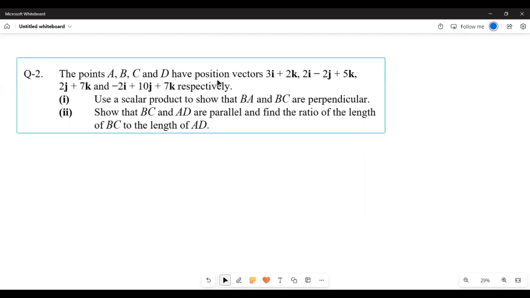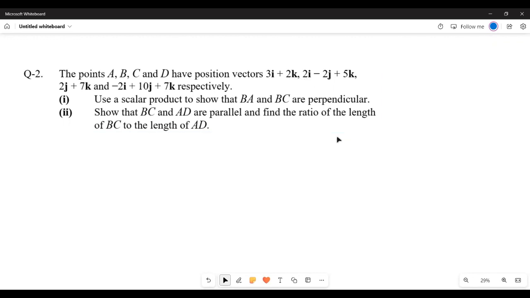Points A, B, C, and D have position vectors 3i plus 2k, 2i minus 2j plus 5k, 2j plus 7k, and minus 2i plus 10j plus 7k respectively. Use a scalar product to show that BA and BC are perpendicular. First, let's discuss what is given in the question.